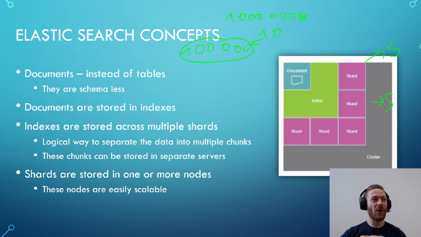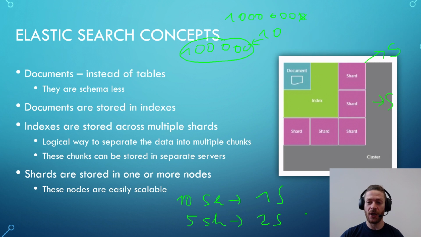And if you want to store Elasticsearch on multiple computers, you can just say, hey, I have 10 shards on one server, but now I want to add a second server. And Elasticsearch will automatically say, okay, I'm going to take 5 of the shards and move them to the second server for you. And that happens automatically. You just need to provide a new Elasticsearch instance, and that's pretty much it.